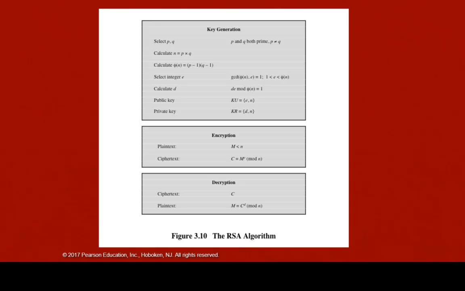The RSA scheme has since that time been the supreme and most widely accepted and implemented approach to public key encryption. RSA is a block cipher in which the plain text and ciphertext are considered as integers between 0 and n-1 for some n. And the figure summarizes the RSA algorithm.